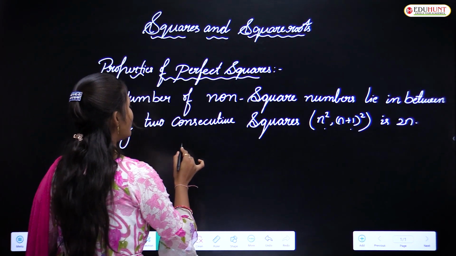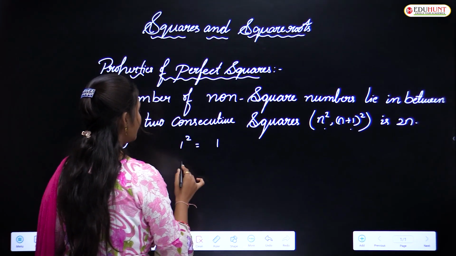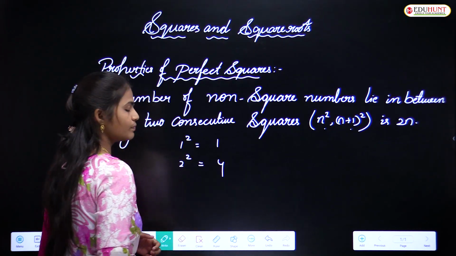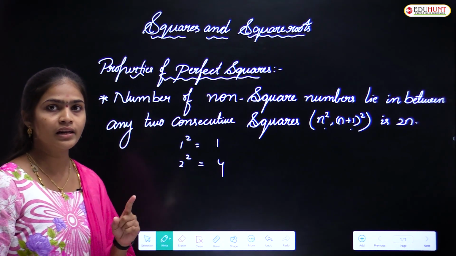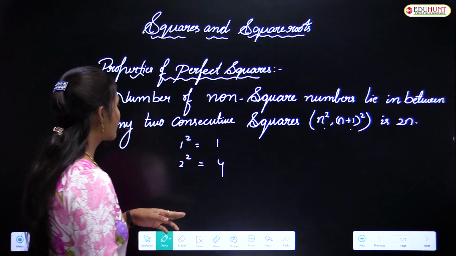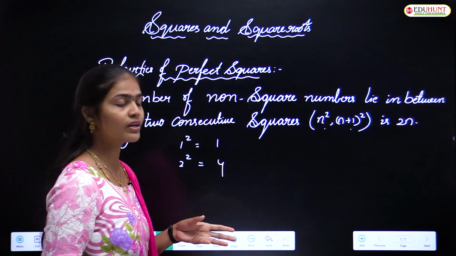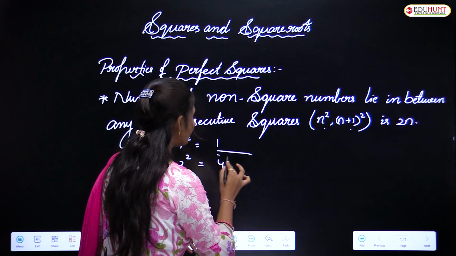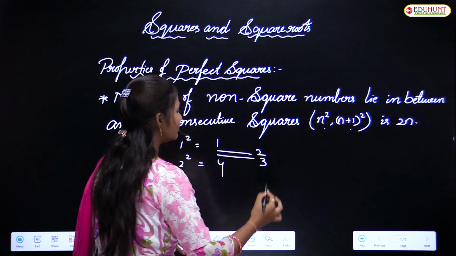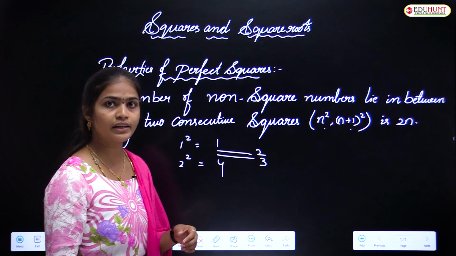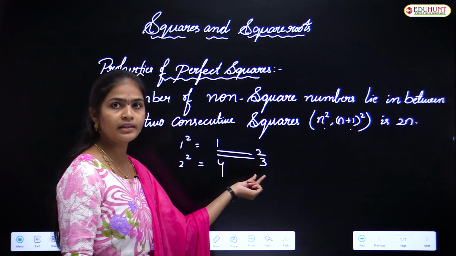Here 1 squared is equal to 1, 2 squared is equal to 4. So how many non-square numbers are in between 1 and 4? We have 2 and 3.